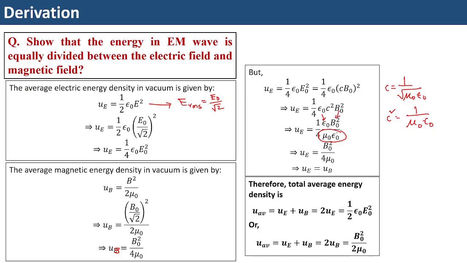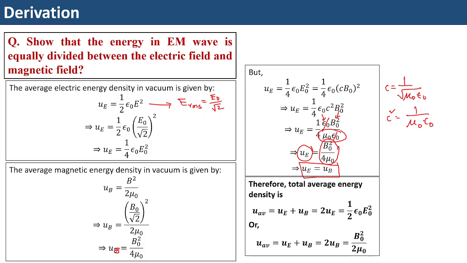So ultimately the epsilon naught gets cancelled, and you remain with B naught square by 4 mu naught. So the average energy due to the electric field is equal to the average energy due to the magnetic component, UB. So I see that the electric and the magnetic field averages are exactly the same.